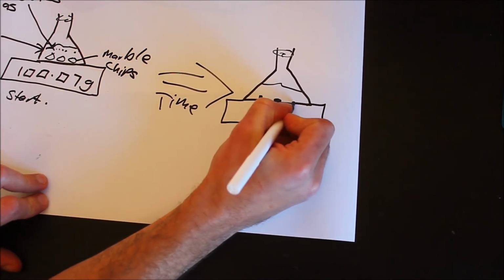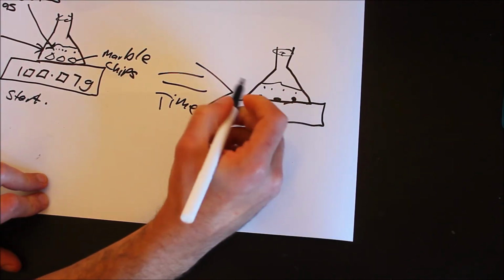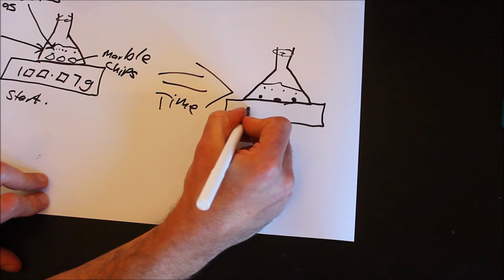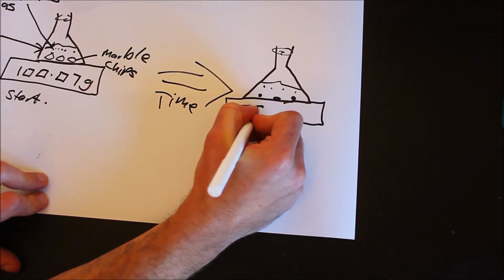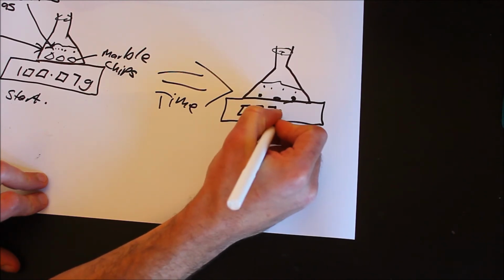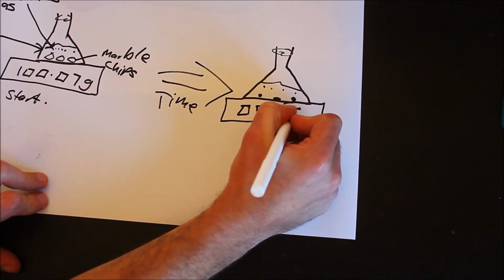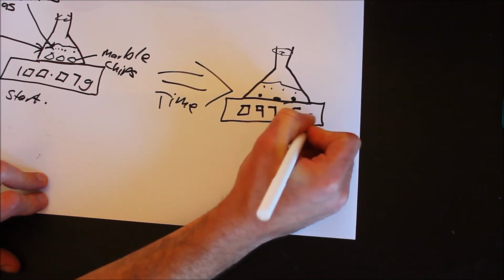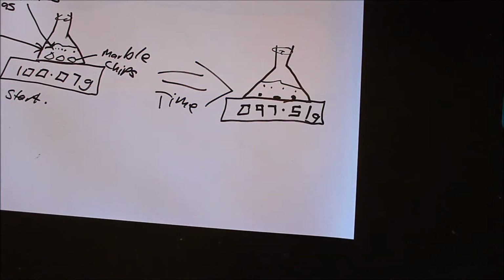Now our marble chips are a lot smaller and there's still some bubbles, and it now may say something like 97.15 grams. So we can see there's been a change in mass.